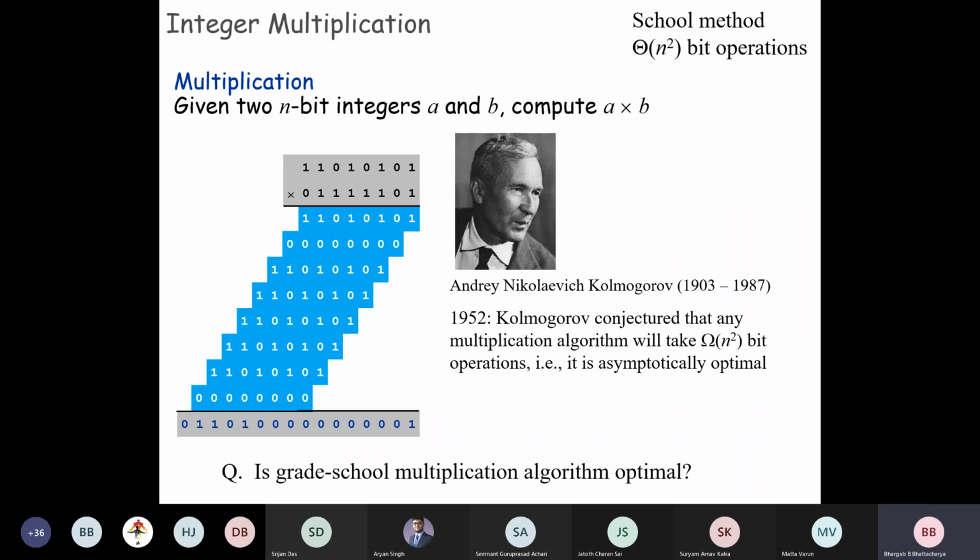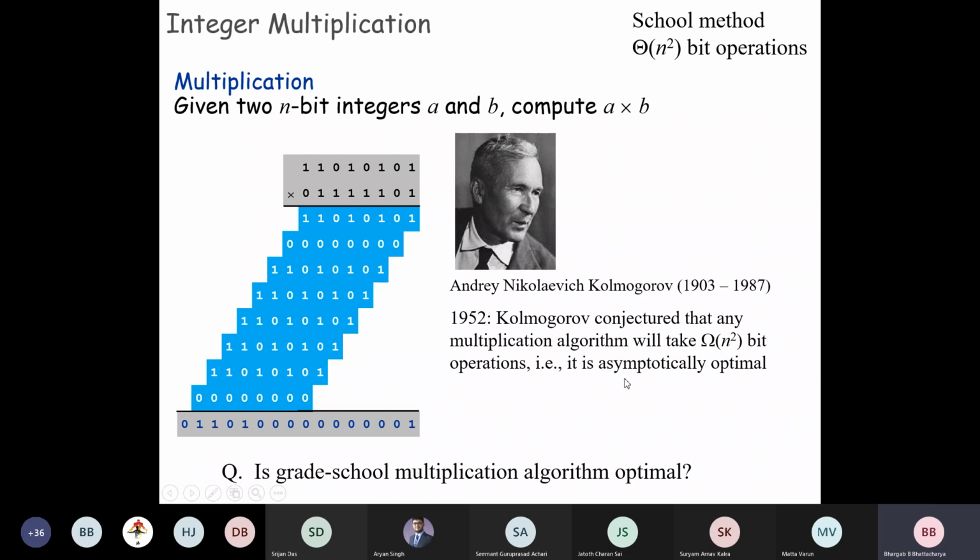Okay, so this problem was studied by mathematicians long ago. It's a fundamental algorithmic question, and Kolmogorov was a legendary mathematician. He studied this problem, and in 1952, that's more than 60 years ago, he conjectured that any multiplication algorithm would take omega n square bit operations.